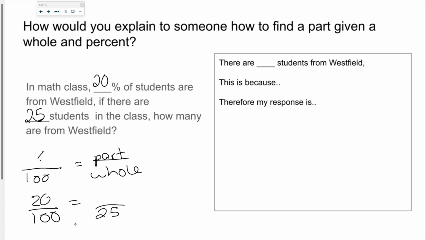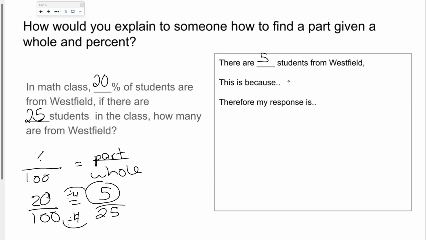Now we need to think: 100 divided by 4 is 25. So if we divide the bottom by 4, we also need to divide the top by 4. 20 divided by 4 gives us 5. So it would be 5 out of 25 students.